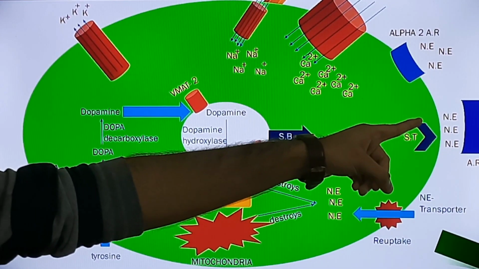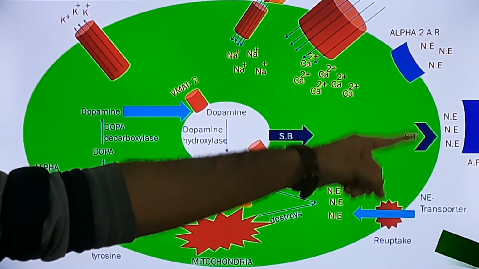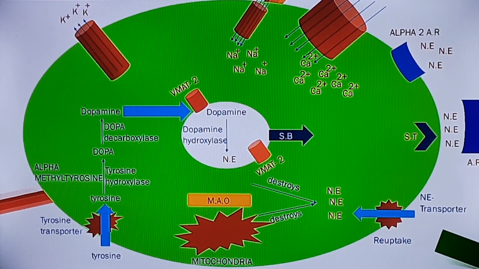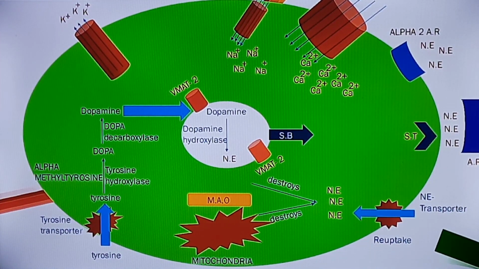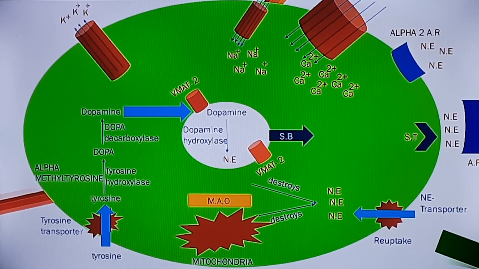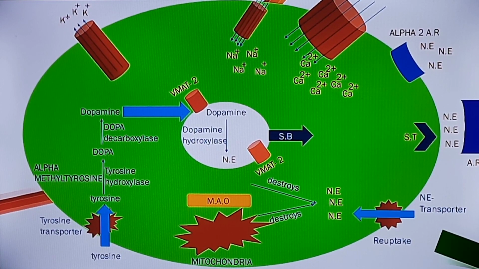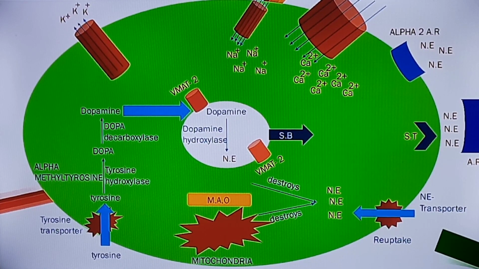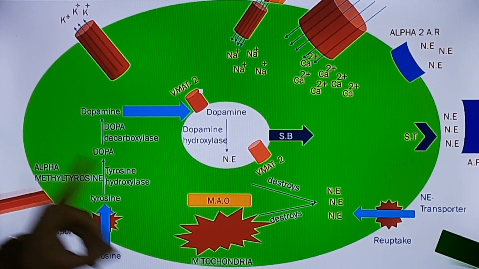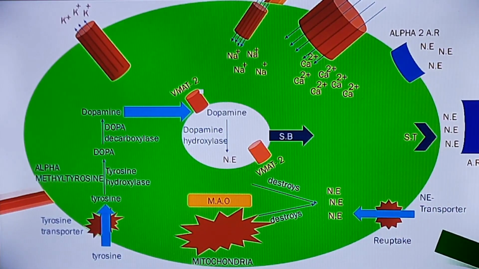As you can see here, here is our norepinephrine in the synaptic cleft. This norepinephrine then can work on our adrenergic receptor, and depending upon which adrenergic receptor is present, it will show its particular response. Now let's talk about the fate of norepinephrine.